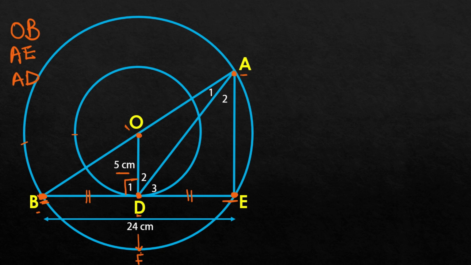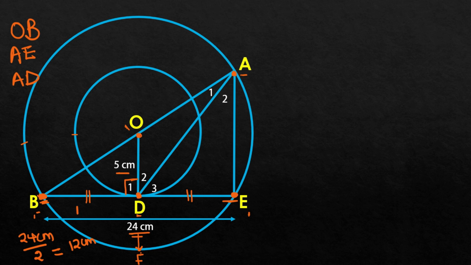So what we are given here is that the length from BE is 24 centimeters. Now because the radius is cutting across the chord at 90 degrees, it means that BD will therefore be 24 centimeters divided by 2, which is going to give us 12 centimeters.